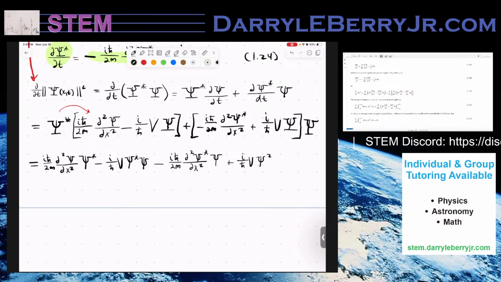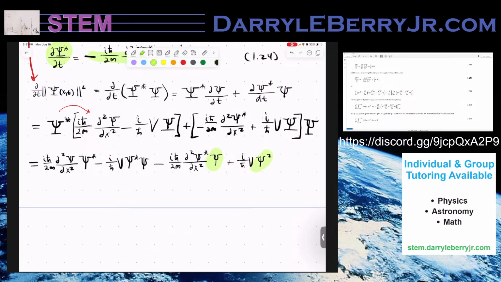Right. So looking at this, we have a second derivative of psi next to a complex conjugate that does not have a derivative. Then we have a complex conjugate second derivative beside something that does not have a complex conjugate. So that seems right.